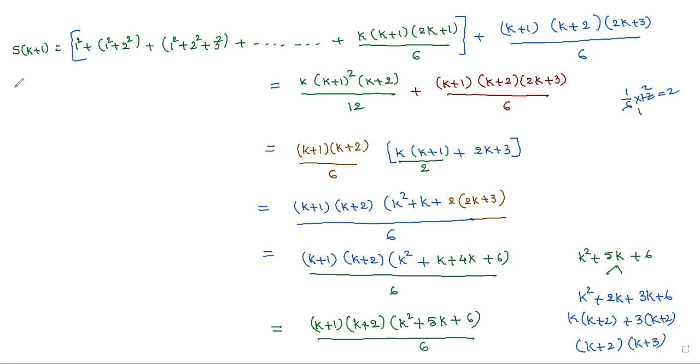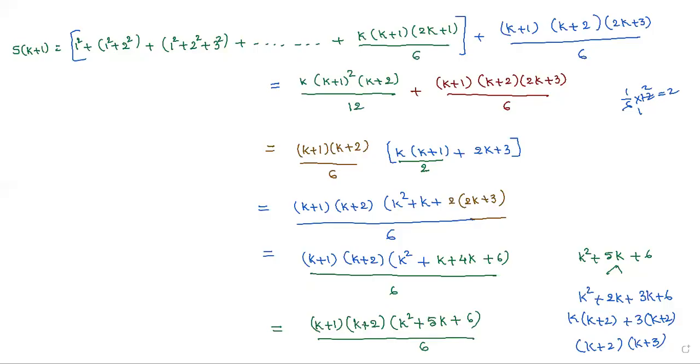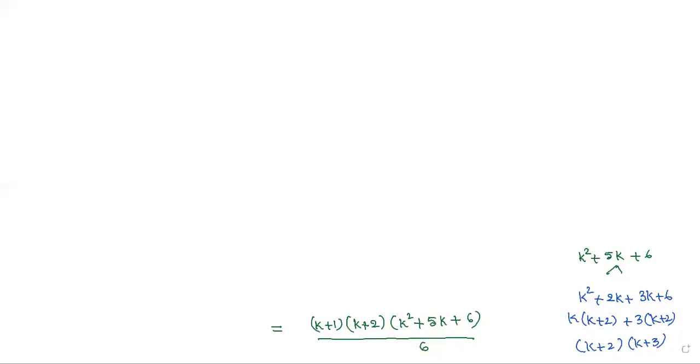So next line, write down: k plus 1, k plus 2, k plus 2 into k plus 3 by 6.